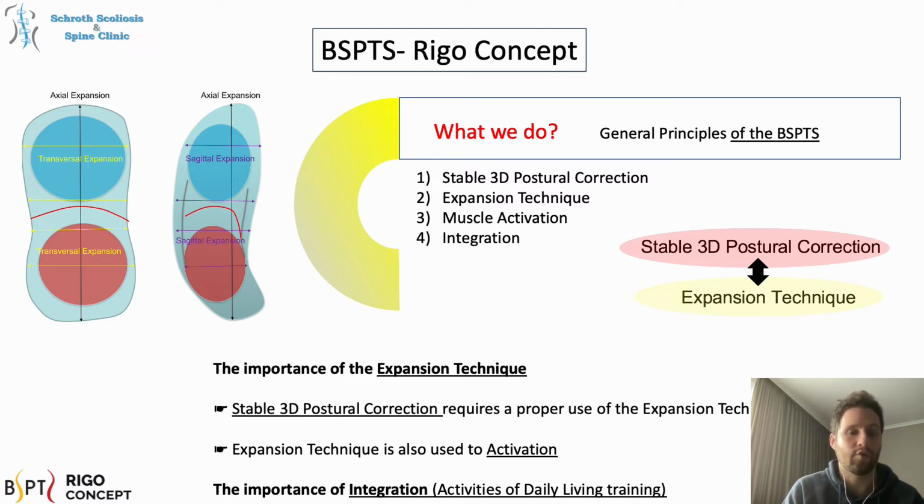And when we finish the exercise, there is the integration, the last general principle of our school, and it is really important because we need to transfer the correction into the activities of daily living, to keep the correction after the exercise and implement it during daily life.